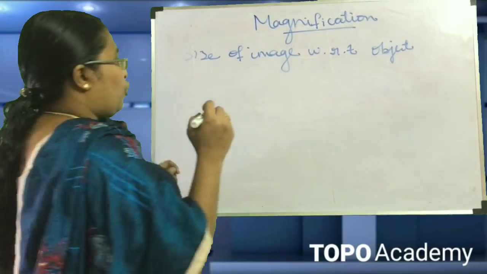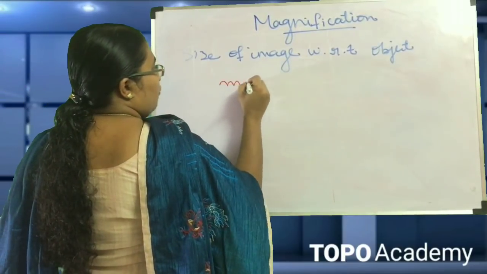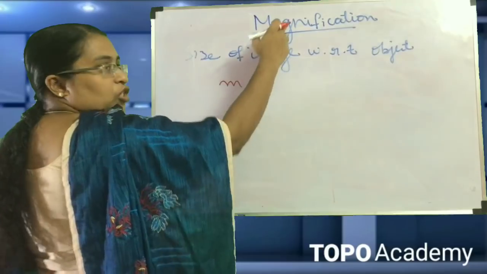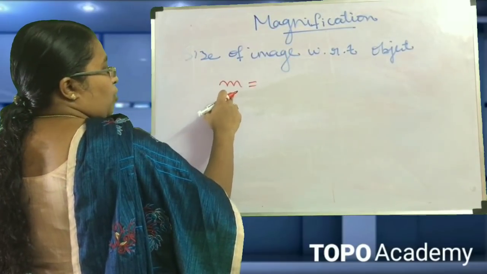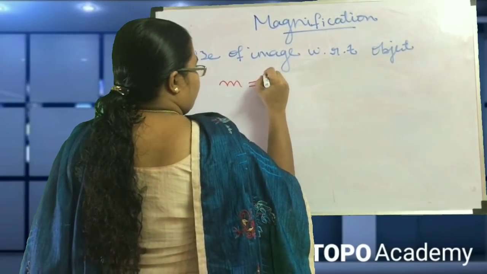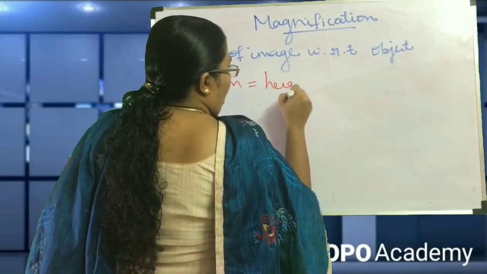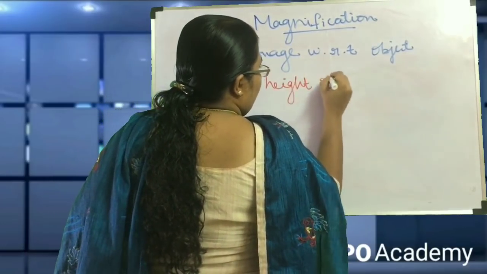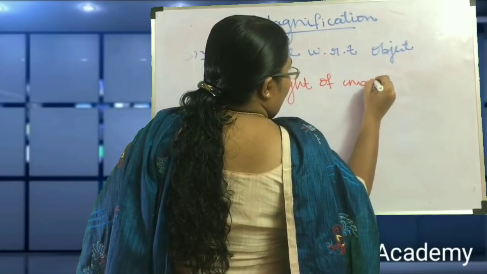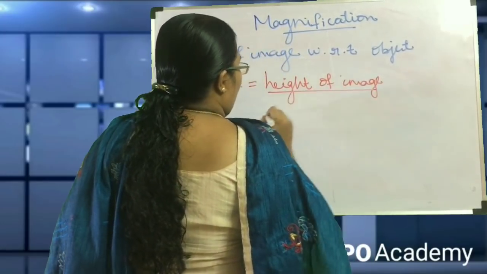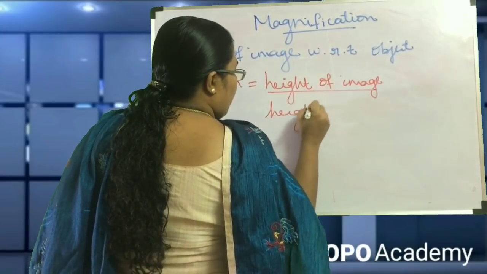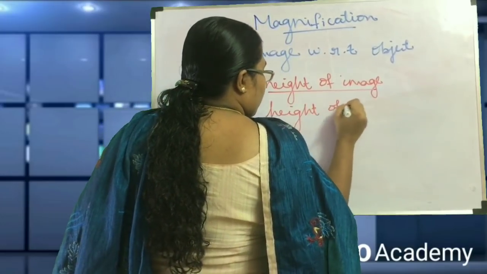So the equation to find the magnification: magnification is denoted by the small letter m. It is the height of the image divided by the height of the object.